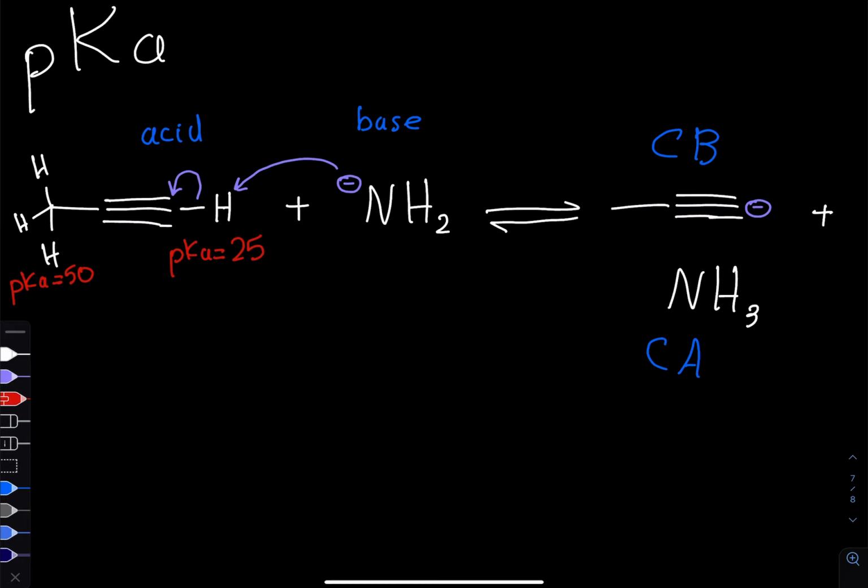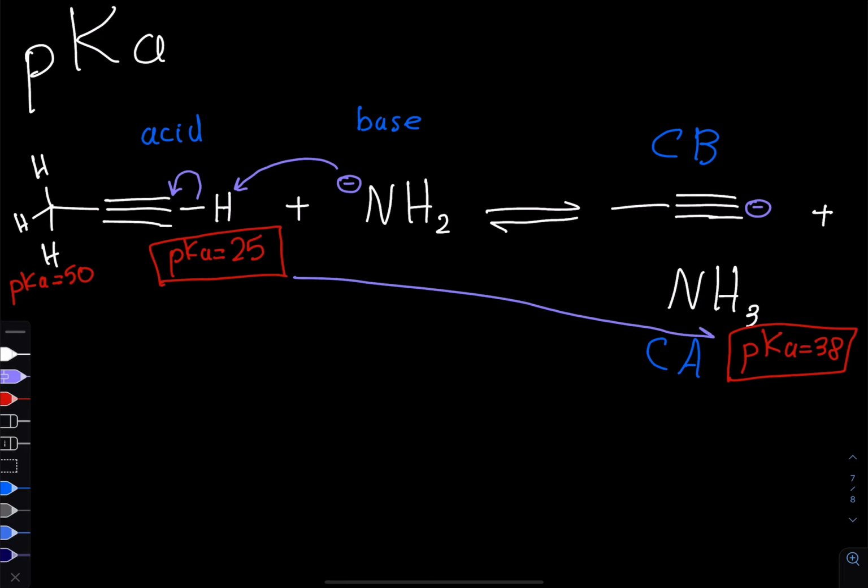If you remember the list, you can try to recall it if you want. It's going to be 38. So the acid had a pKa, the lowest pKa proton had a pKa of 25. This one has 38. So therefore, because of that, the reaction wants to go toward the higher pKa value. So it is going to be a right-sided favored reaction.